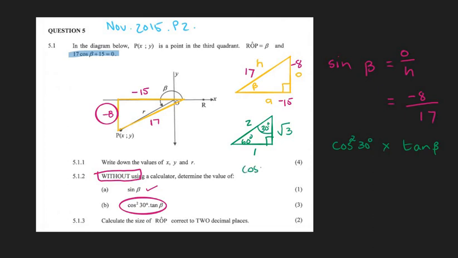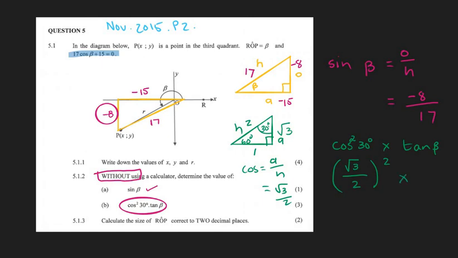Cos is adjacent over hypotenuse, so it's going to be √3 over 2. Because it says squared, I have to square this whole thing, and I'm going to multiply it by tan beta.